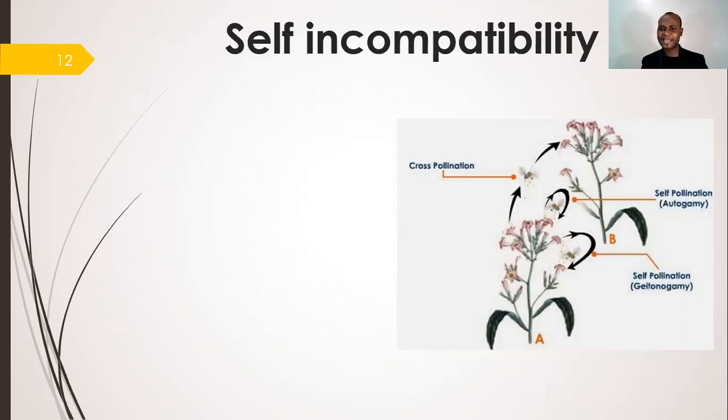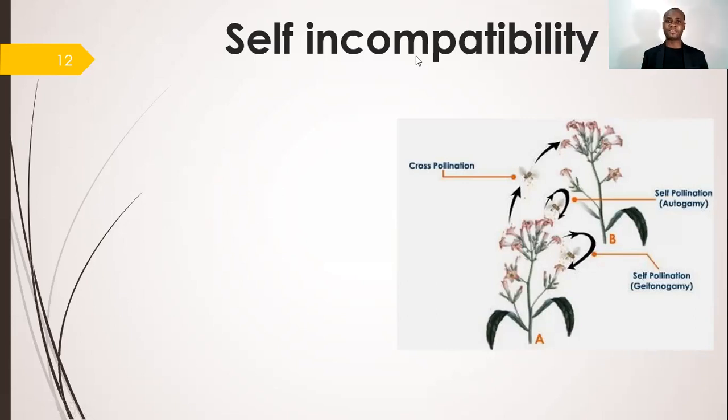Okay, and the second type is called heterogamy, which has to do with the pollen from one flower falling on the female part of another flower, but on the same tree. So what that means is that self-pollination is usually not possible in most cacao trees.